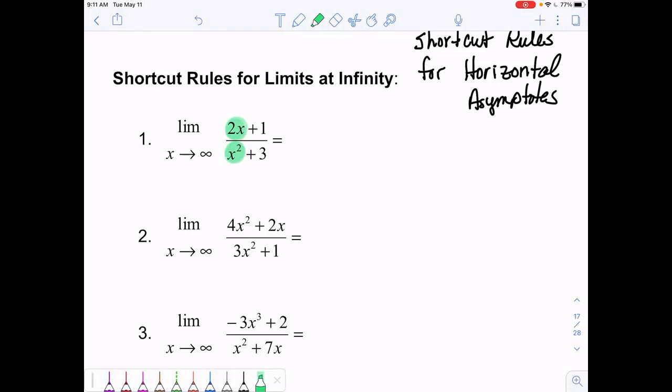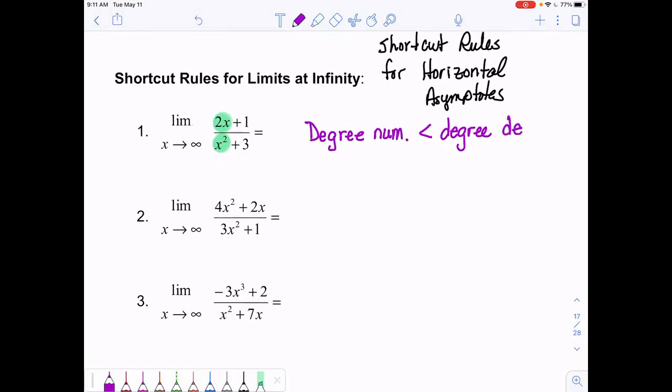So Jenny, in number 1, how would the degree of the numerator compare to the degree of the denominator? Yeah, so the degree, and I'm going to abbreviate numerator, is less than the degree of the denominator. When that happens, Jenny, where was your horizontal asymptote? It was at 0. So the degree of the numerator less than the degree of the denominator meant our horizontal asymptote was at y equals 0.